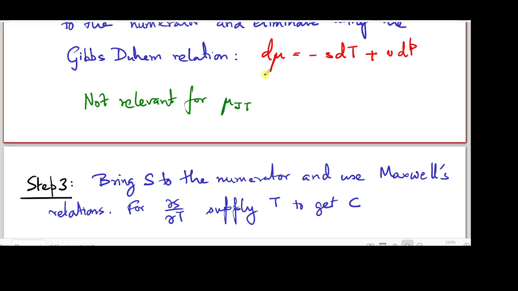Sometimes you will end up with del S del T, which cannot be reduced using Maxwell's relations. There, what you do is essentially supply a temperature T and write T del S del T, and that will give you either Cp or Cv depending on what is being held constant in this partial derivative. So that's how you tackle the entropy derivatives.